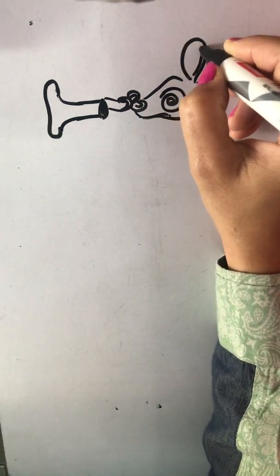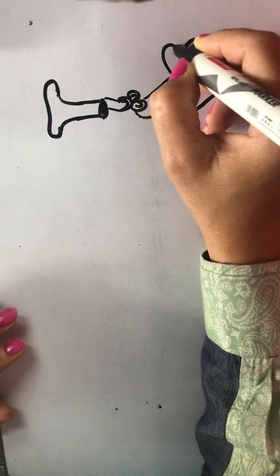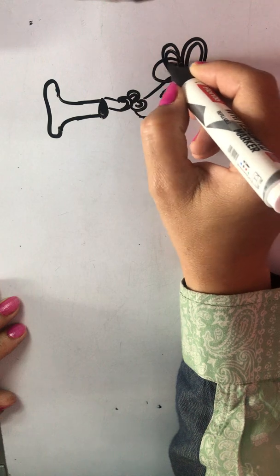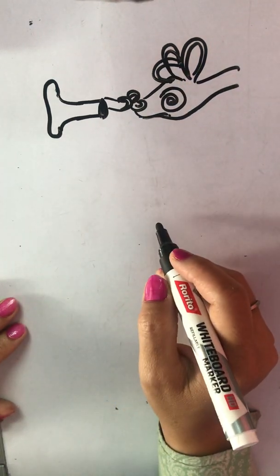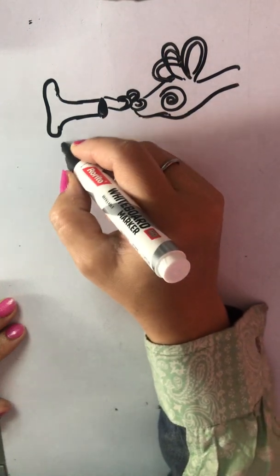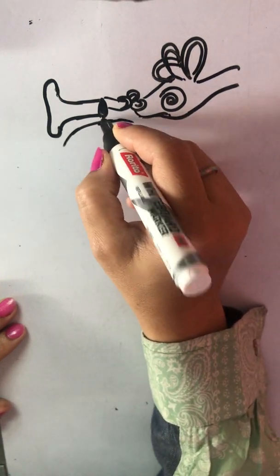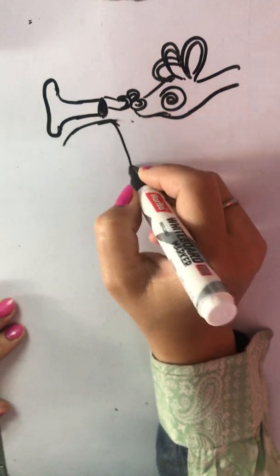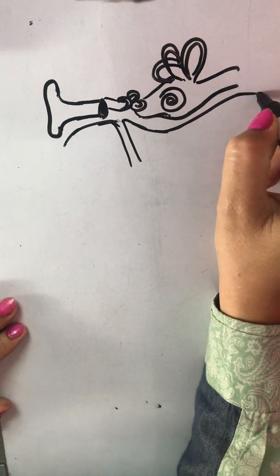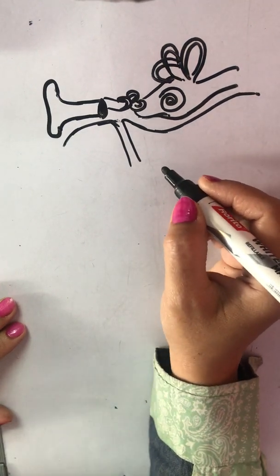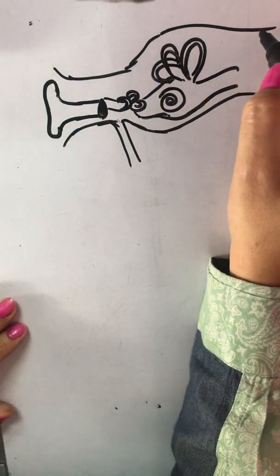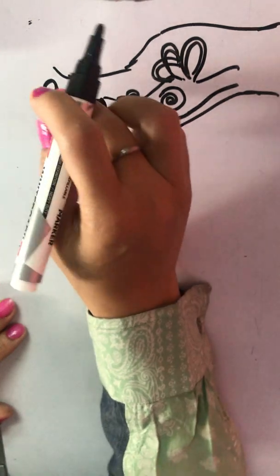Here are the saccule, utricle, and the macula. We will say this is the structure more or less. What does it look like?